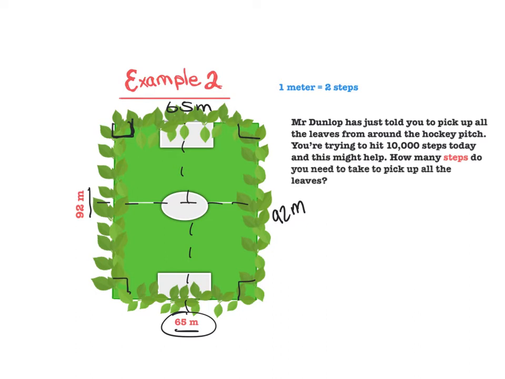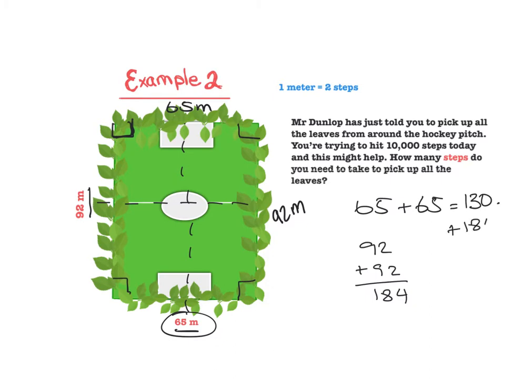So that is 65 add 65 equals 130. And then 92 add 92 equals 184. So 130 add 184 equals 314 meters. 314 meters around the pitch.